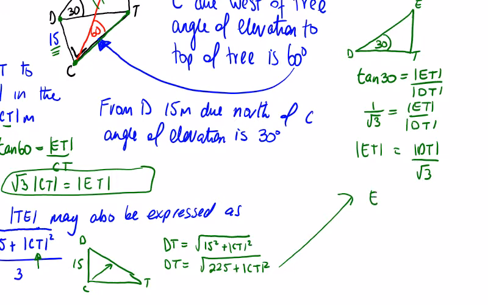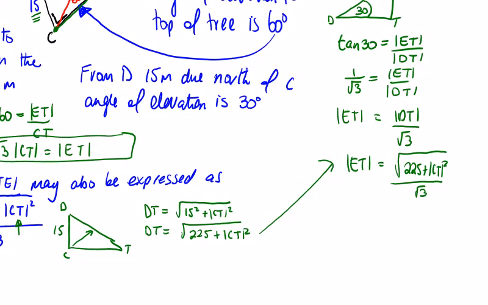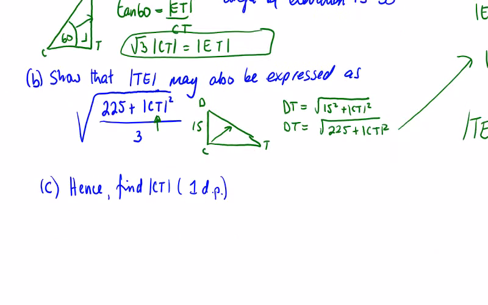So ET or TE is equal to the square root of 225 plus CT squared over root 3, which is the same as taking the root 3 inside the square root. So we can create a double fraction inside: 225 plus CT squared over 3. That's the same. I'll revert back to TE at this point.